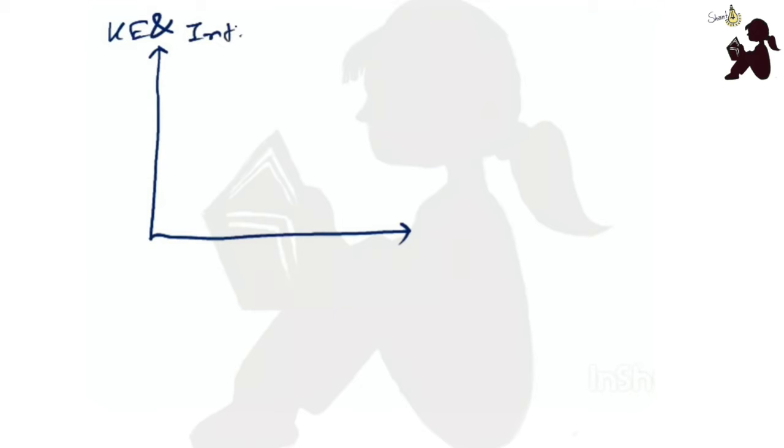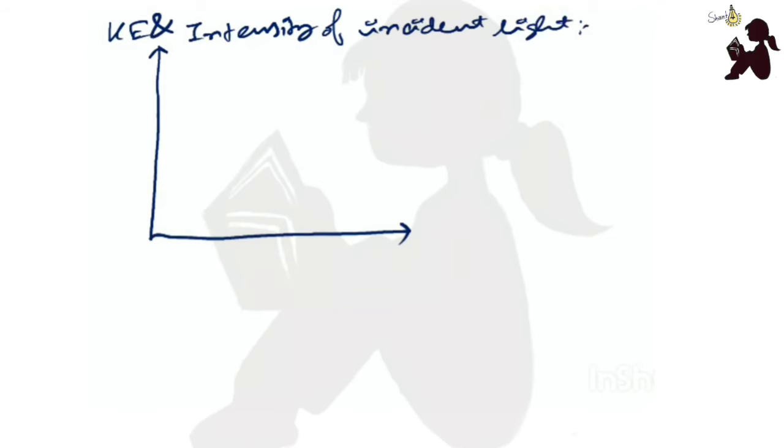And what will be the graph of K and intensity of incident light? Let's see that. K and intensity of incident light.